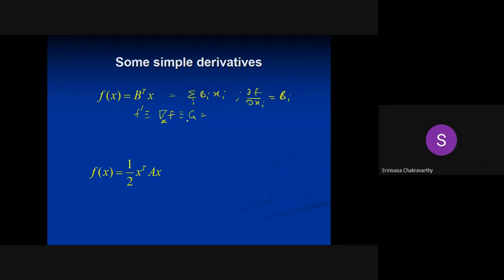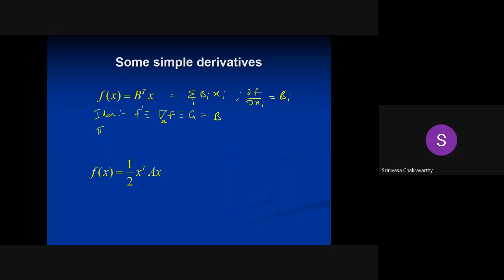So the gradient vector is the vector b itself, and all vectors are column vectors by convention. So this will be equal to b. Note that the function itself is b transpose x, a linear function in x, and when you differentiate that, the derivative is b, not b transpose. So we need to remember that. That's the first derivative.